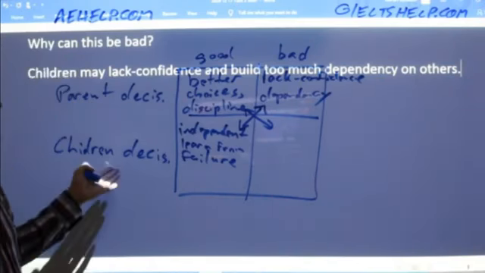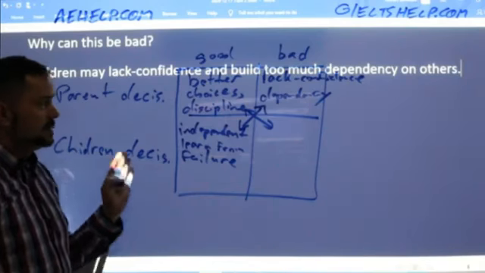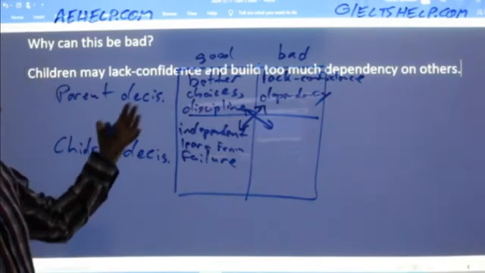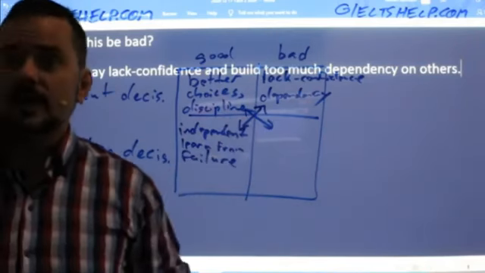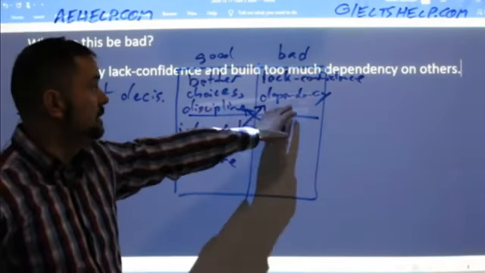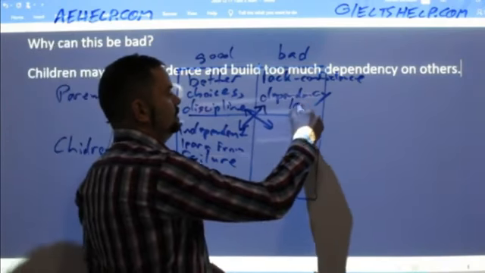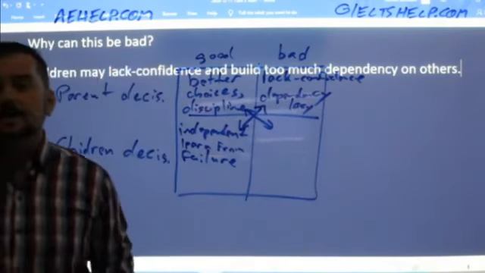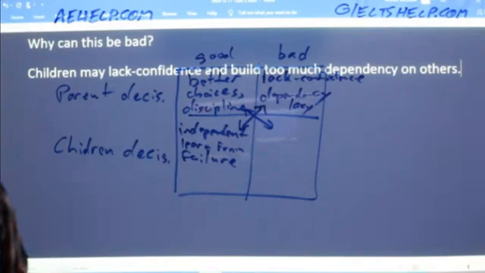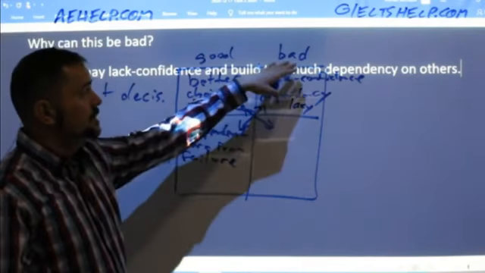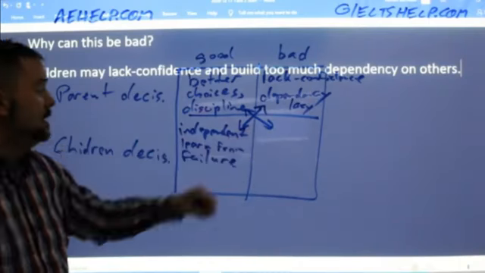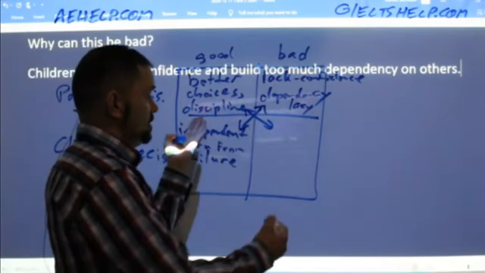Now, if we always let them make their own decisions, what are the negatives? Okay, always says make them lazy. That would be for this one as well, right? Okay, so the list goes on, of course. And then children's decisions, allowing them to make their own decisions. What's bad, right? Better choices, bad choices.